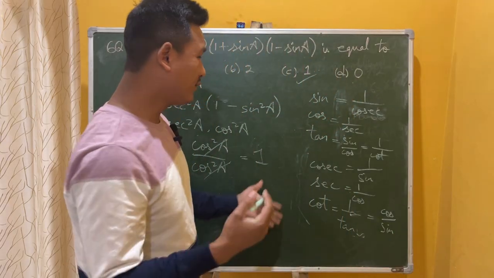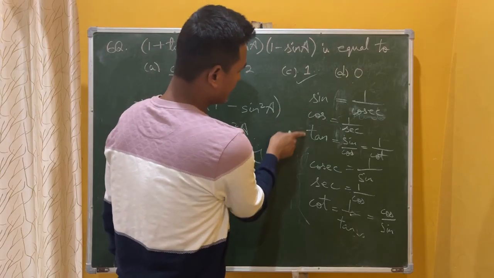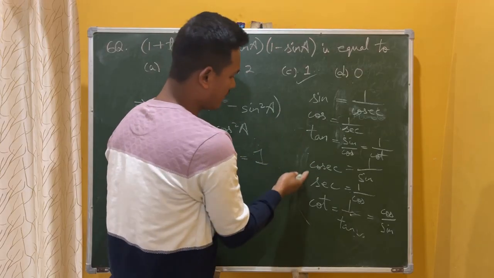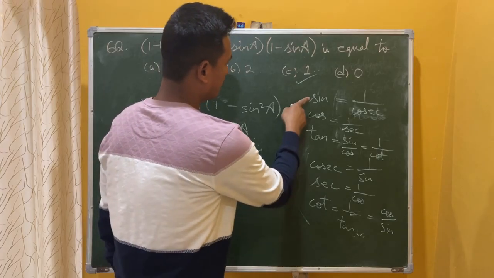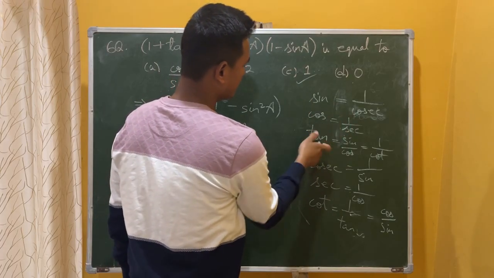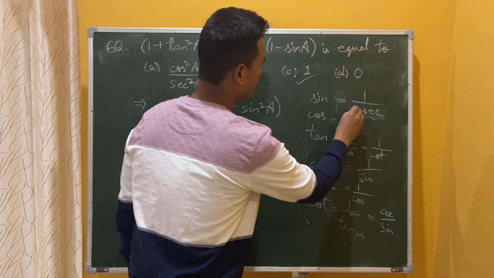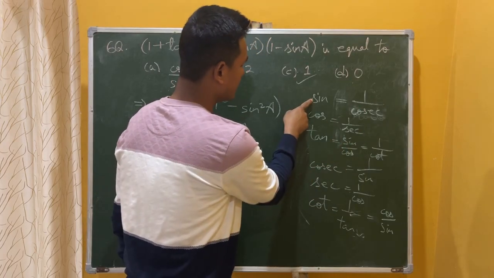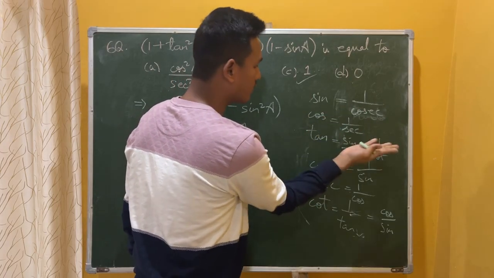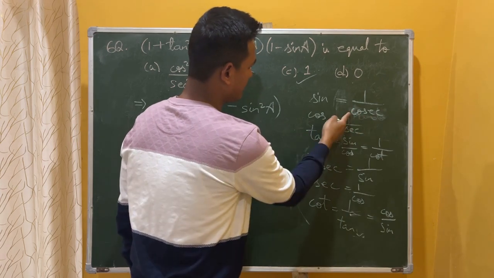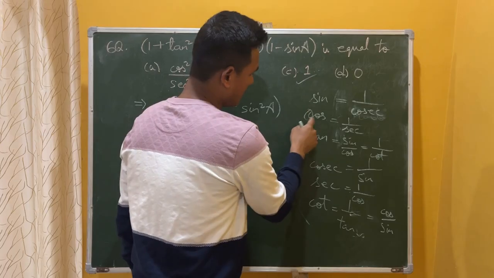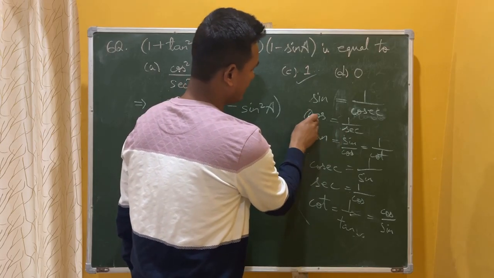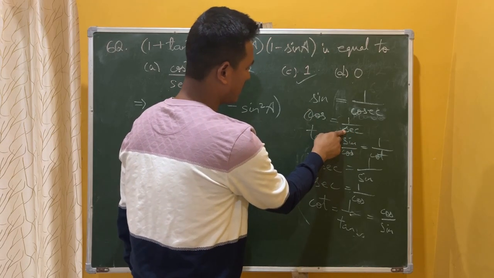So the way to remember is sine, cos and tan are the standard, while cosec, sec and cot are derived. For sine, the inverse is cosec. Just remember the initials: for s remember c, but not cos, it's cosec. For cos it's sec.